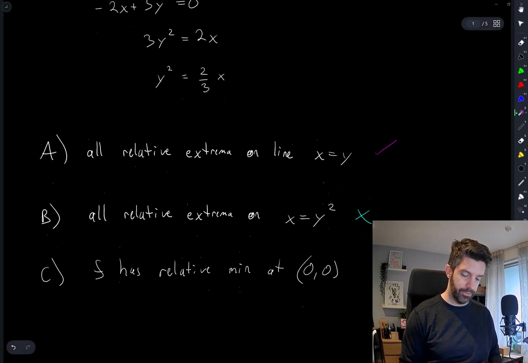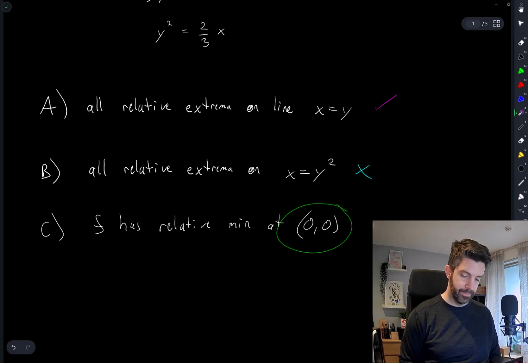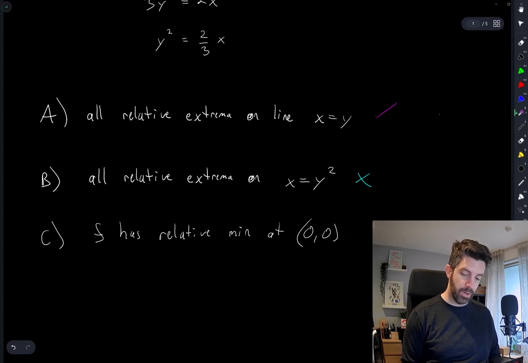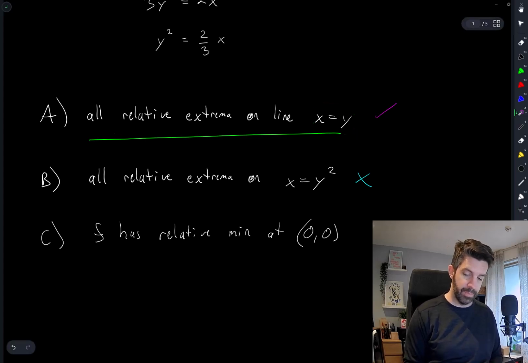So this is not a minimum, but that doesn't contradict the first statement, by the way, because it's not saying that every point on this line is a relative extrema. It's just saying if you have a relative extrema, it must be on this line. So this is also false.